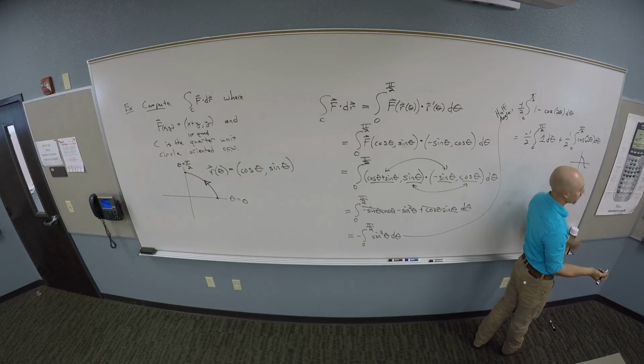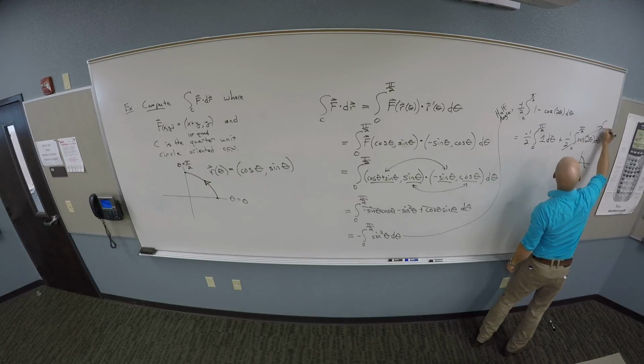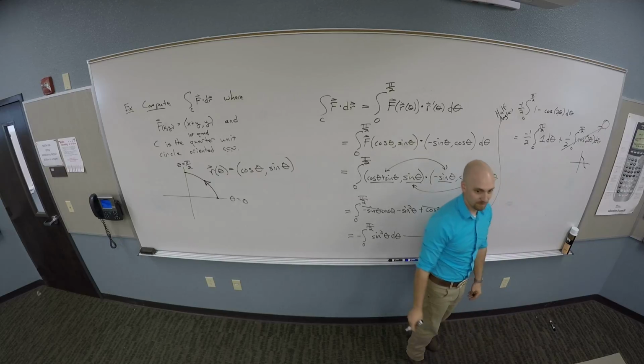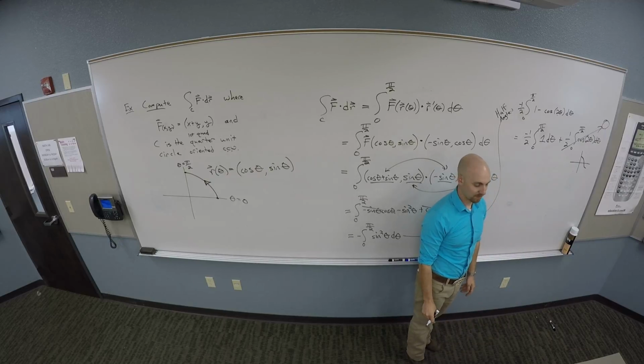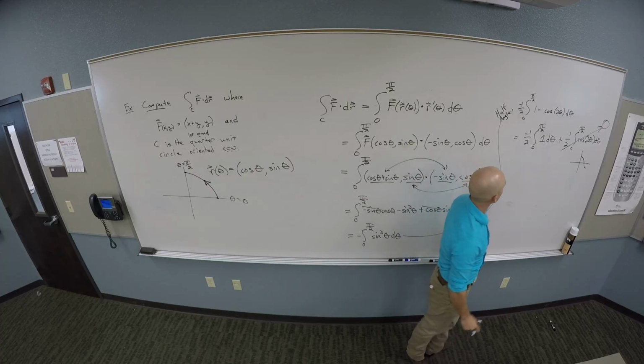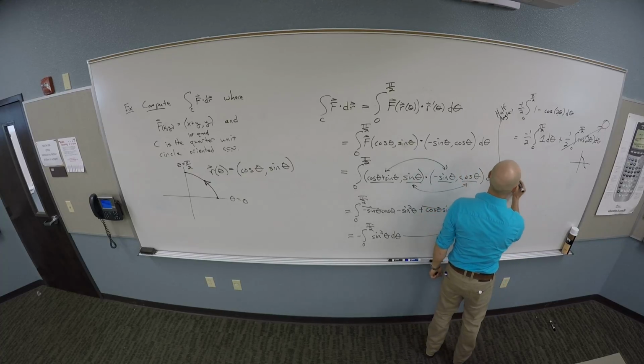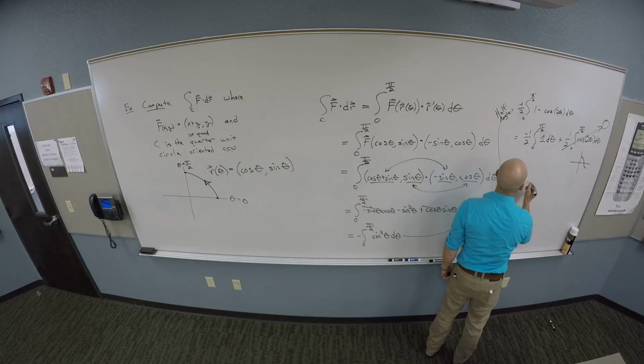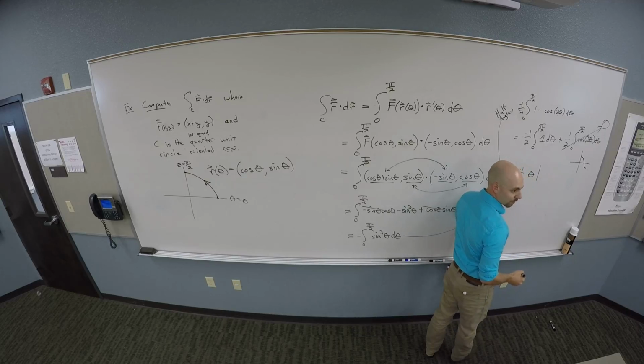Between 0 and pi it's just going to zero out, so this piece will just drop. Little u substitution will get you there if you don't see it.